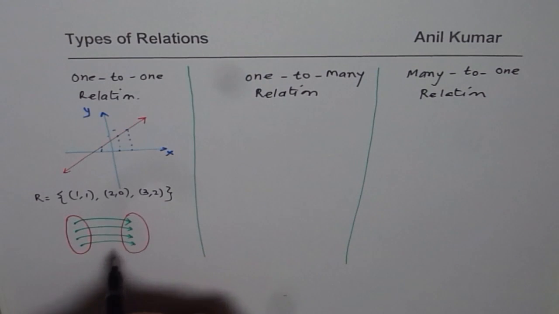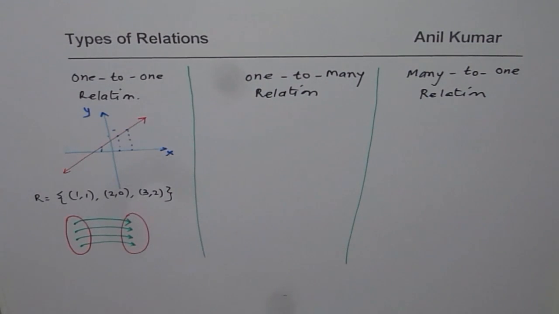Right, so that is one-to-one relation. You could write this one-to-one relation in the form of an equation also. For example, if you write y equals x square. Now, for every value of x, which will be the input, we'll have a unique output y. So all these relations which we have discussed are one-to-one relations, right?